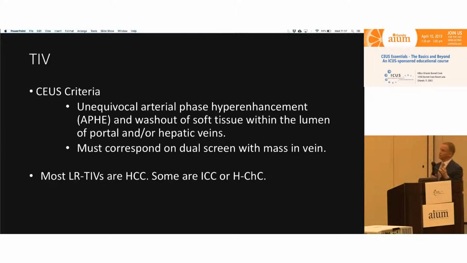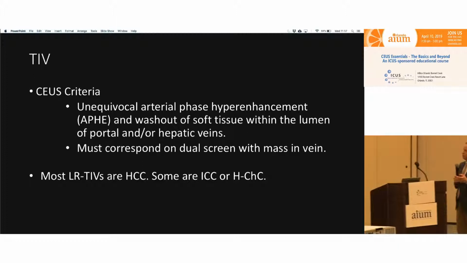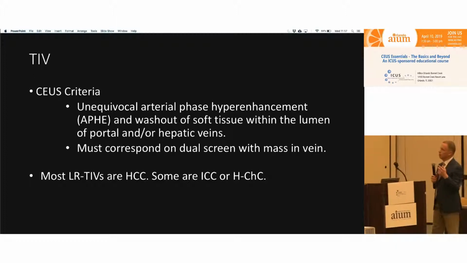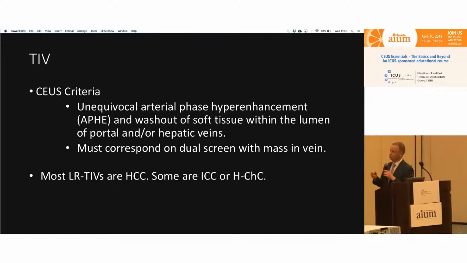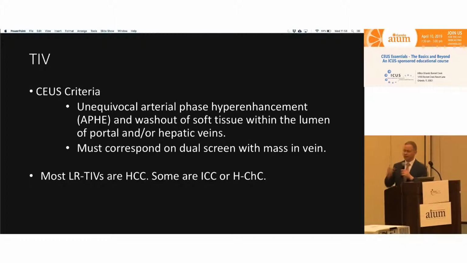So the contrast-enhanced ultrasound criteria for tumor in vein: unequivocal arterial phase hyperenhancement and washout of soft tissue within the lumen of the portal and/or hepatic veins, and it must correspond on dual screen with a mass in the vein. And again, those dual calipers and going slice by slice through your cine is extremely important. Tumor in vein does not necessarily mean HCC.